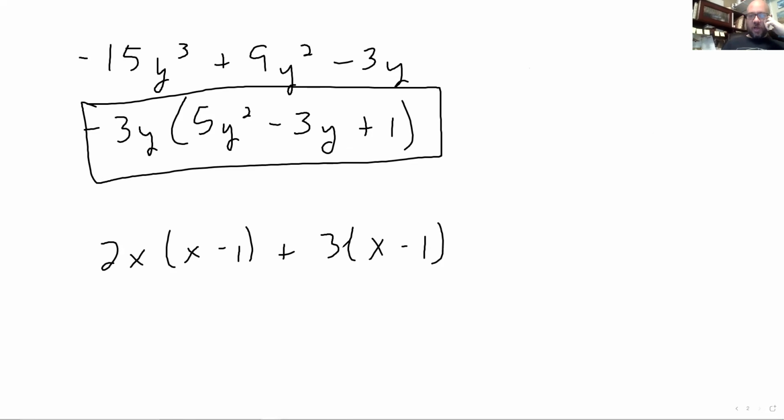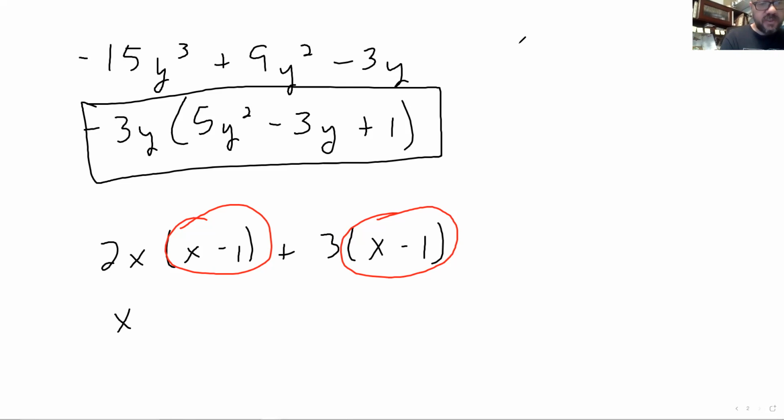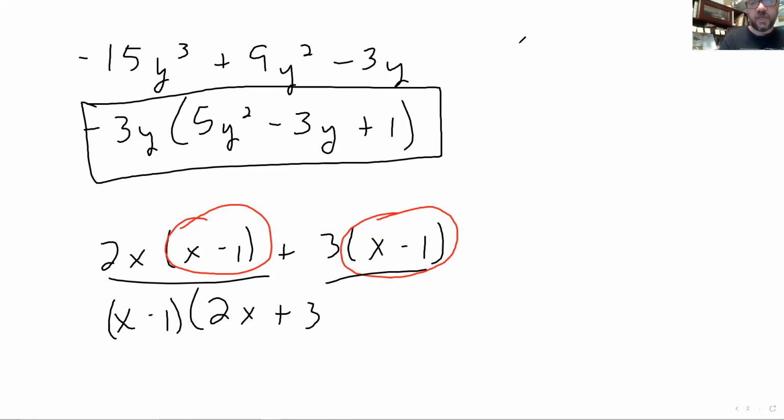The thing that's in common here, and the way you want to think of anything in parentheses, is that the thing in parentheses is all one piece. So this is one piece. That's one factor there. And so is that. And of course, that's common to both terms, so I can pull it out front. And so when I do that, I get x minus 1, and then what's left over inside is 2x from the first term there, and a plus 3 from the second term.